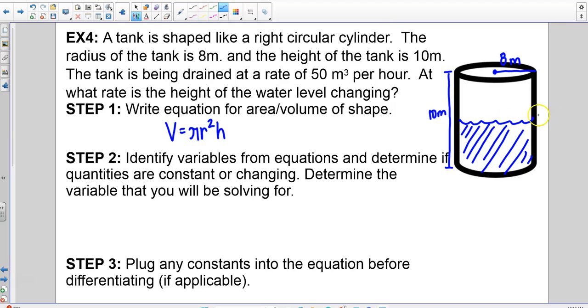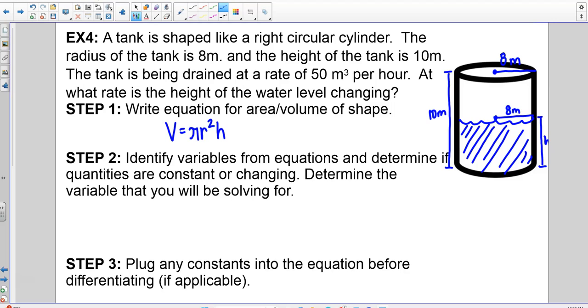For that water, I could think about this as my height of that water. But what's the radius of the water? Does it ever change? No, with a cylinder draining, the radius doesn't change. So the radius is still 8 meters here. The height will be changing, because we're concerned with the water in the tank, not the height of the tank itself.